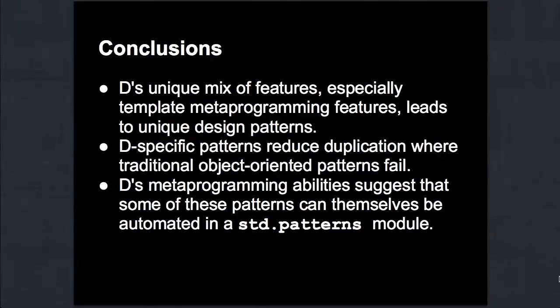And lastly, these metaprogramming capabilities suggest that we ought to be creating abstractions of these patterns in Phobos. For example, standard.algorithm.unrolledReduce, and maybe a standard.patterns module to automate away the boilerplate behind a lot of these design patterns and make them even easier to use.